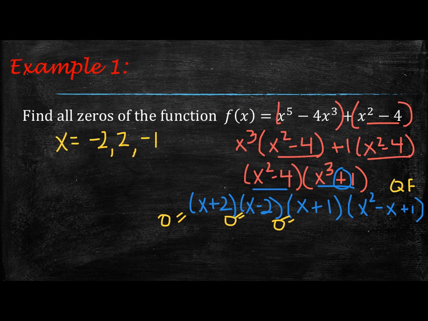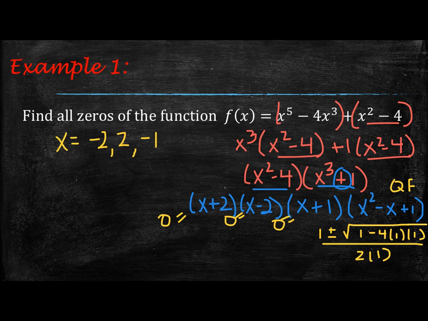Now let's use the quadratic formula on the last one. That's going to be the opposite of b, which would be 1, plus or minus the square root of b squared, which would be negative 1 squared, which is 1, minus 4 times a times c, all over 2 times a.